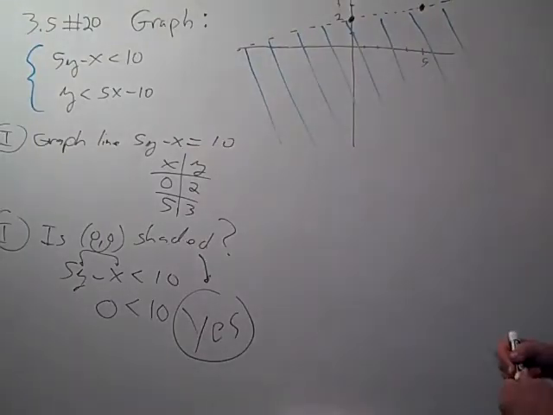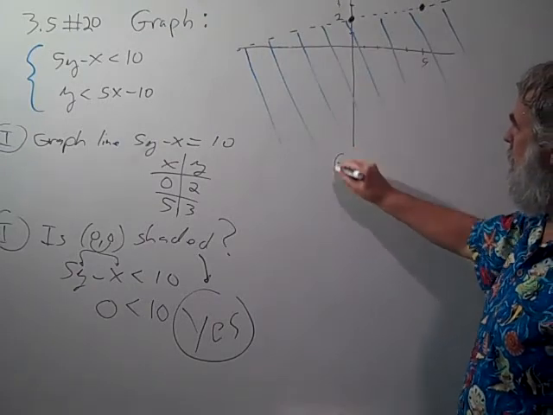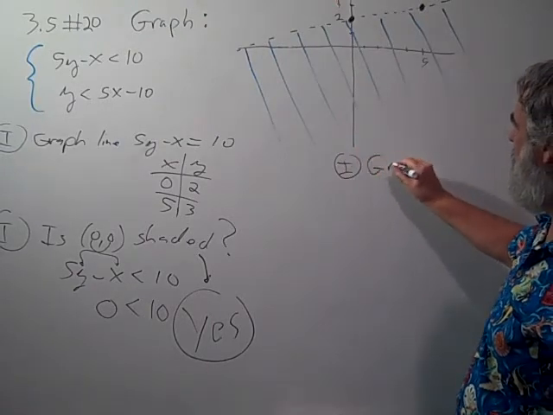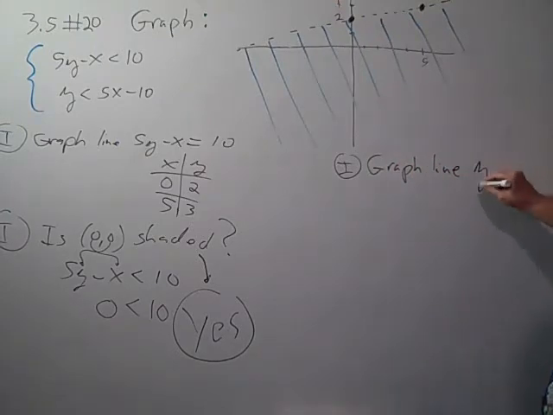And now we proceed to the second linear inequality. So we start off by graphing the line y equals 5x minus 10. So finding 2 points on this line, if x is 0, then y is negative 10.